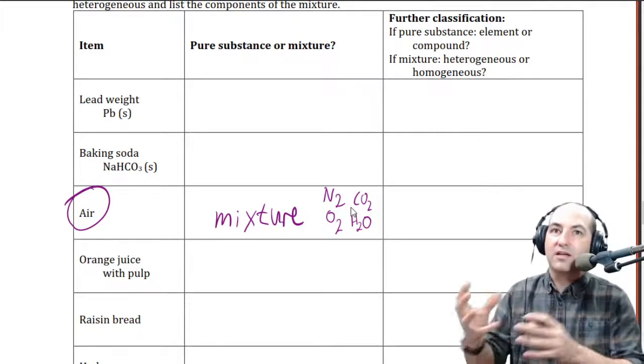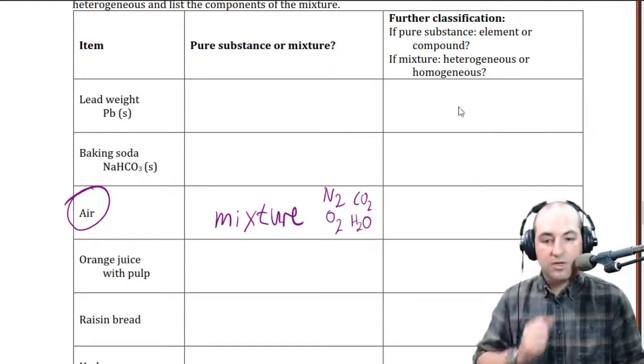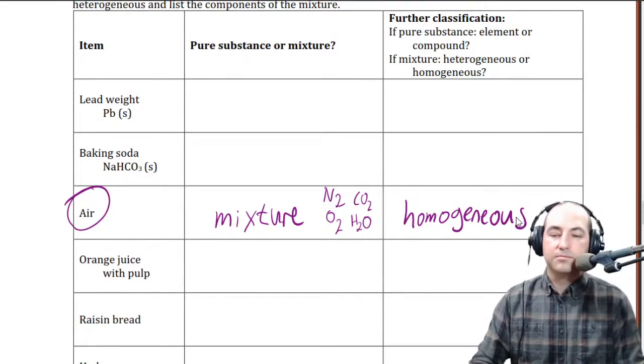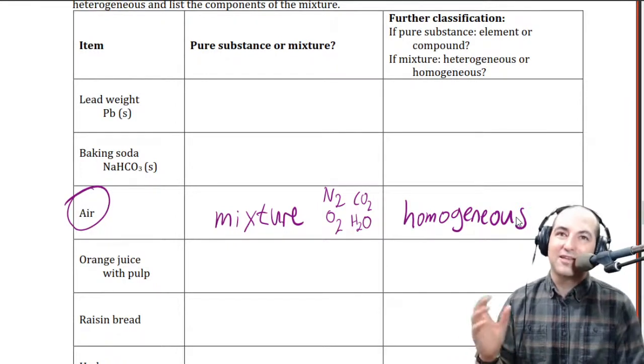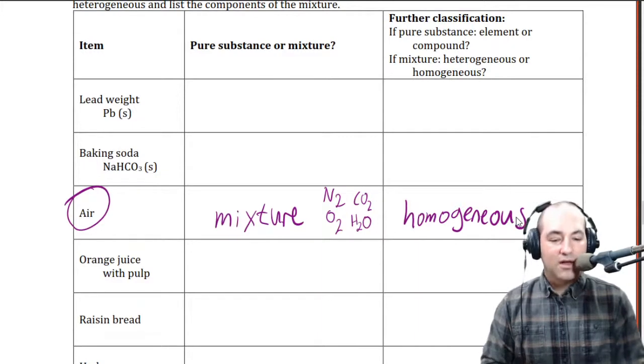We don't have little pockets of oxygen throughout the air. It's all pretty evenly mixed through. And so that makes this a homogeneous mixture, because the substances are evenly distributed throughout the air.